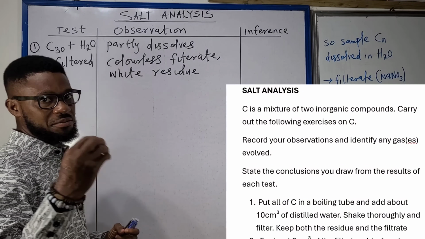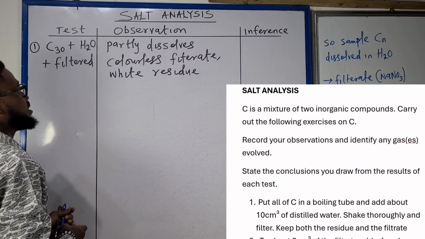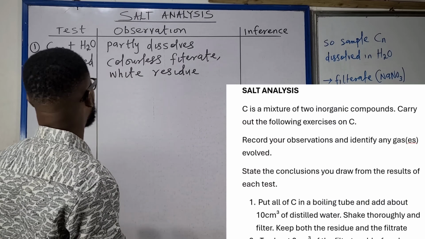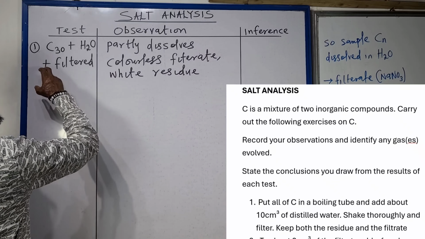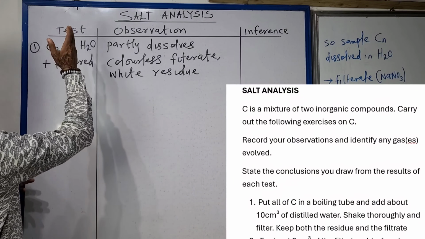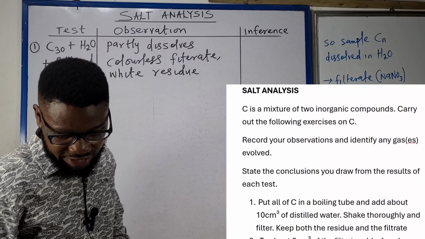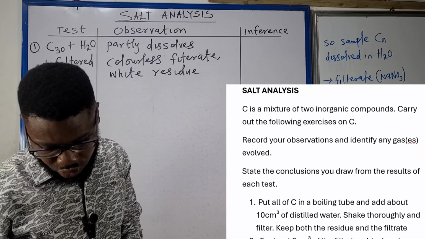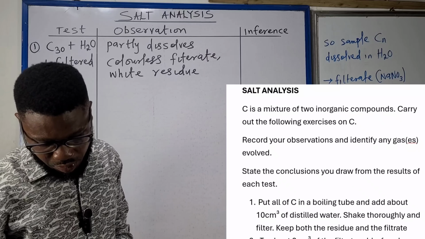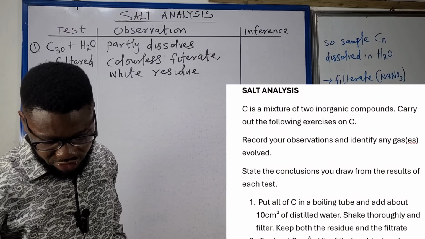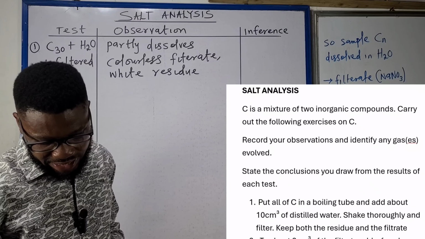Now, let's assume I'm candidate number 30, and my sample has been labeled CN. So what I'm going to have here is C30 plus H2O, then filtered. That's exactly the instruction I was given for question 1. Put all of C in a boiling tube and add about 10 cm cube of distilled water, shake thoroughly, and filter.